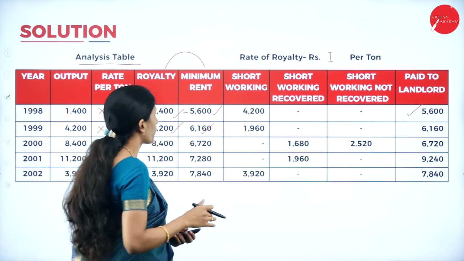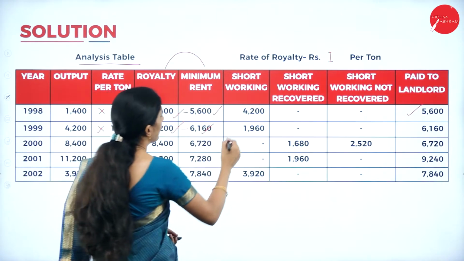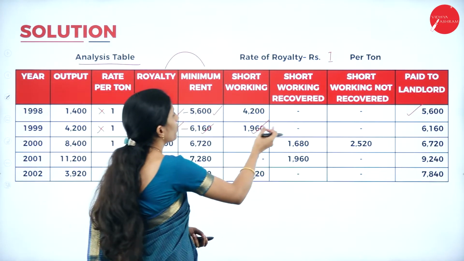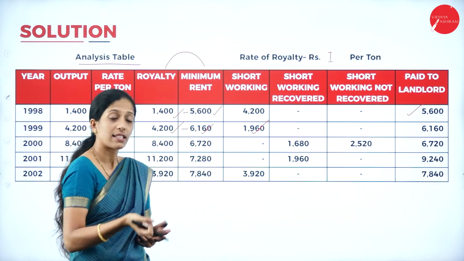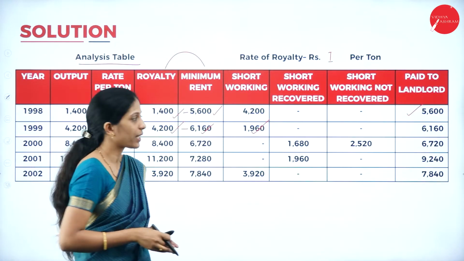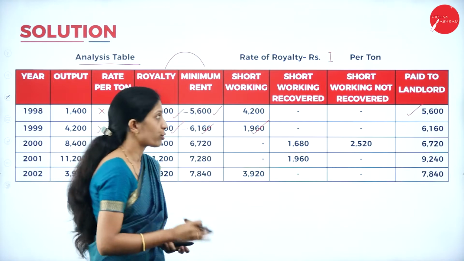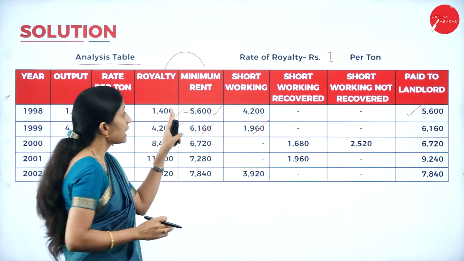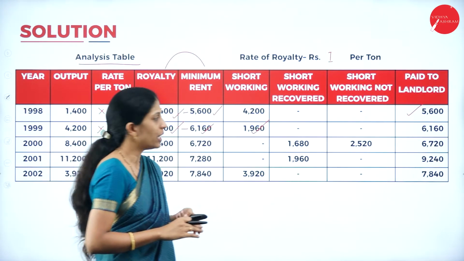So how much is the short workings? 6,160 minus 4,200, you'll get a short workings of 1,960. So here we could not recover the earlier, that is first year, short workings, because in the second year itself we have a short workings. So short workings recovered is dash, short workings not recovered is also dash. What is the amount paid to landlord? Here minimum rent is more than royalty, so minimum rent itself is paid to landlord.